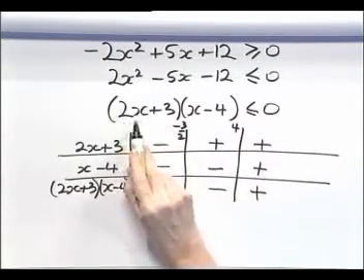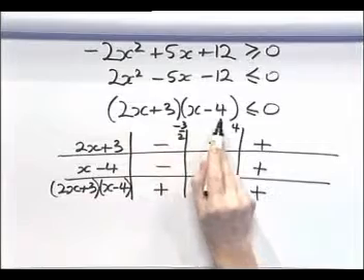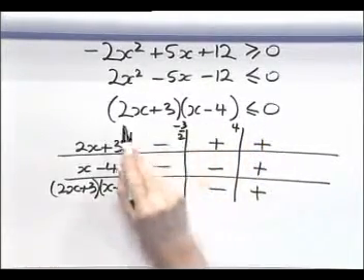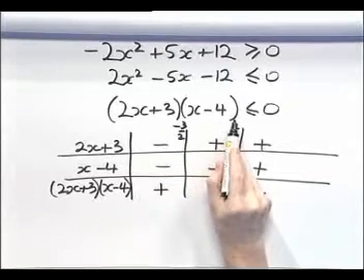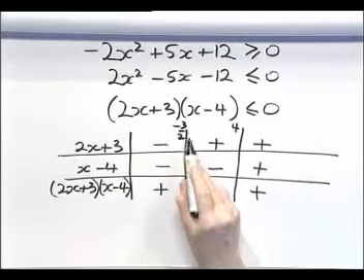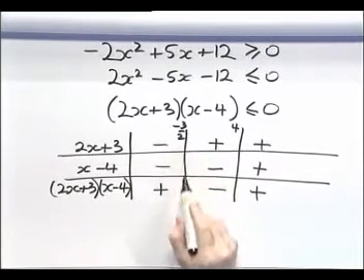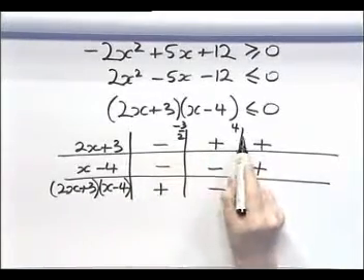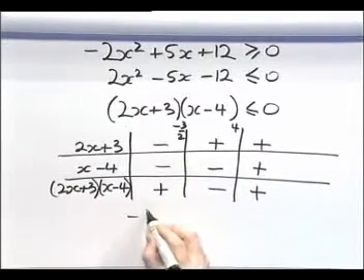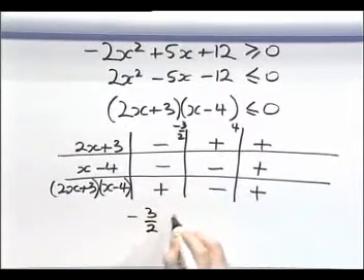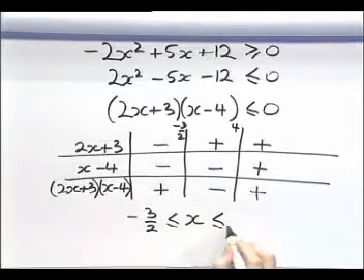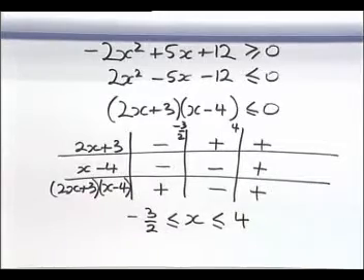We are looking for (2x plus 3)(x minus 4) to be less than or equal to 0. In other words, this expression has to be either 0 or negative. This occurs when x lies between minus 3 over 2 and 4, and it can equal either number. So we have minus 3 over 2 is less than or equal to x is less than or equal to 4.